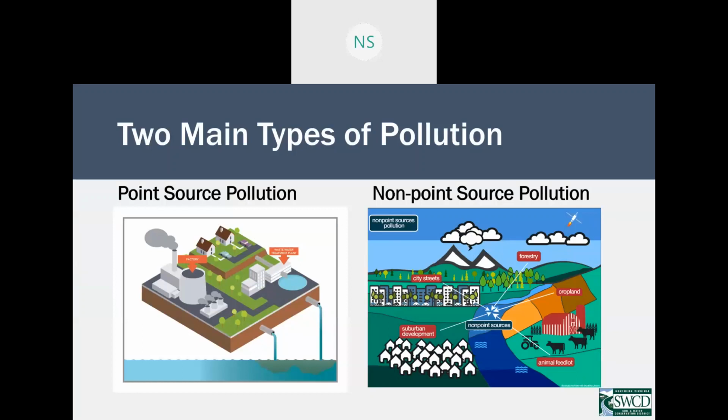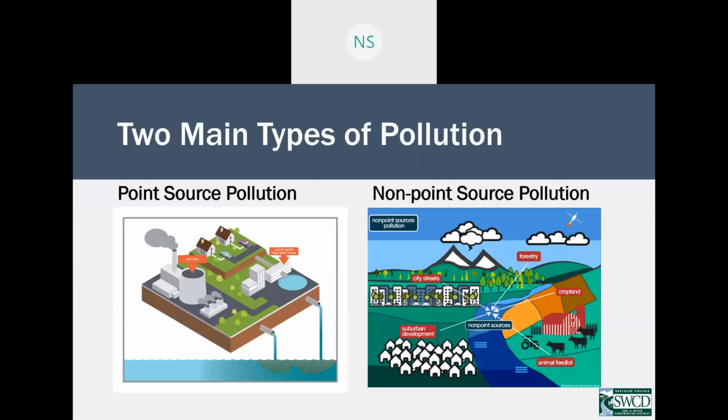We can say this factory made this waste. You can also find point source pollution in outfalls that we saw from storm drains. If you can see the pollution coming there, that would be a point source pollution. Water treatment facilities that may have effluent or excess water that leaves, that could be considered point source pollution. If you can point to it and say that's where it came from, it's point source pollution.